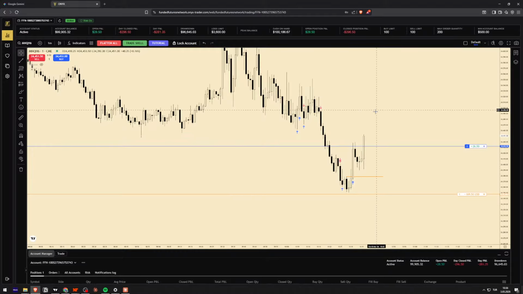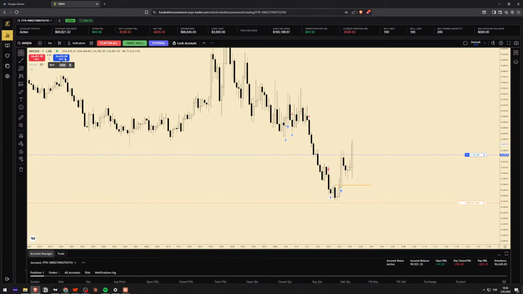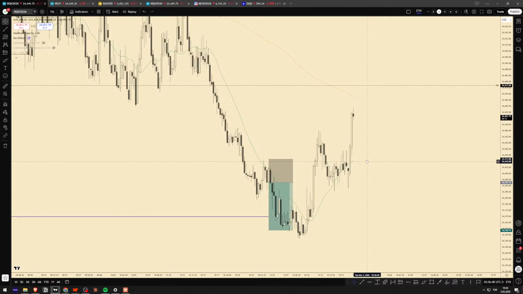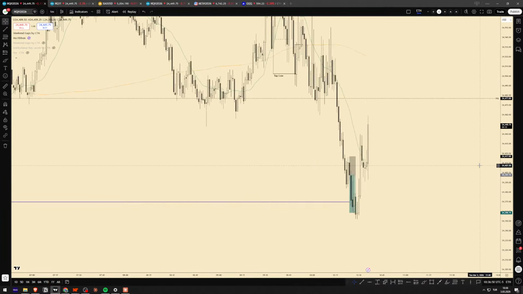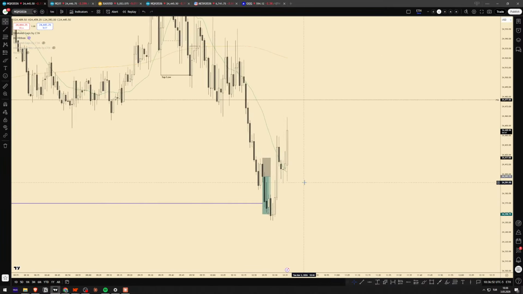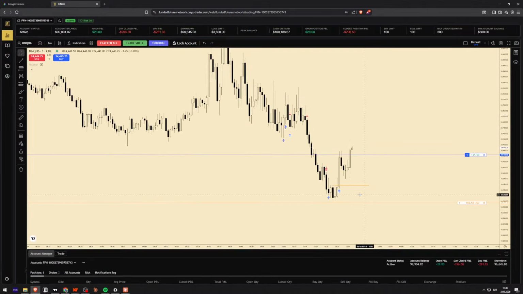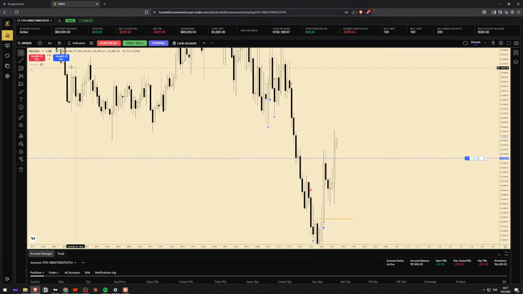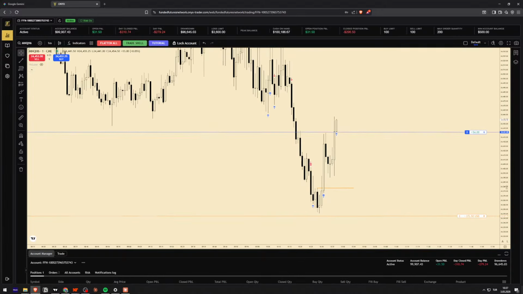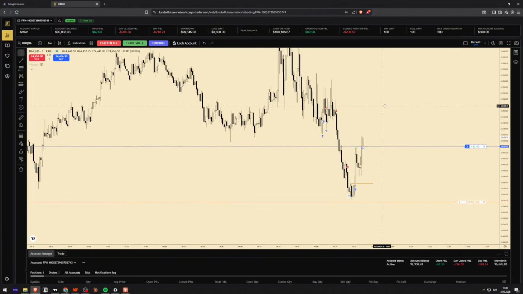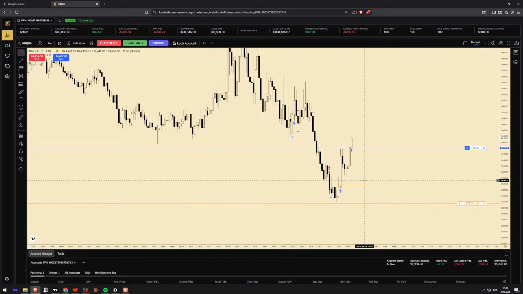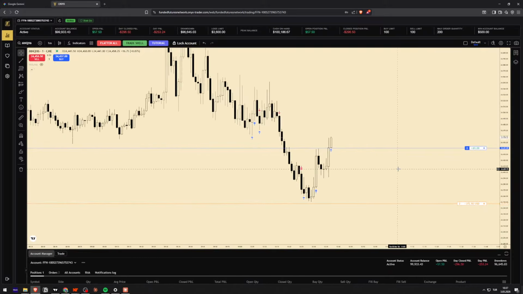Now, if I see a closure, I'm adding another one. And I don't want to see price taking out this low. Close above that level. I added another one. If this stops out, I would be done for today.